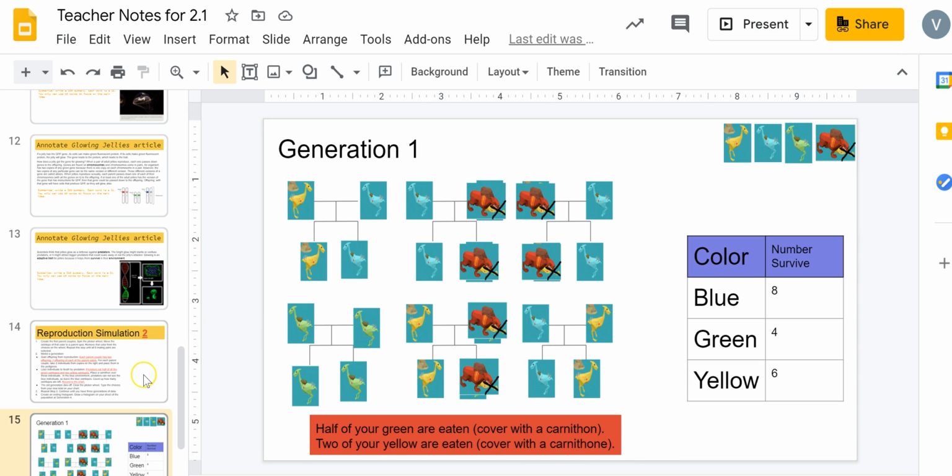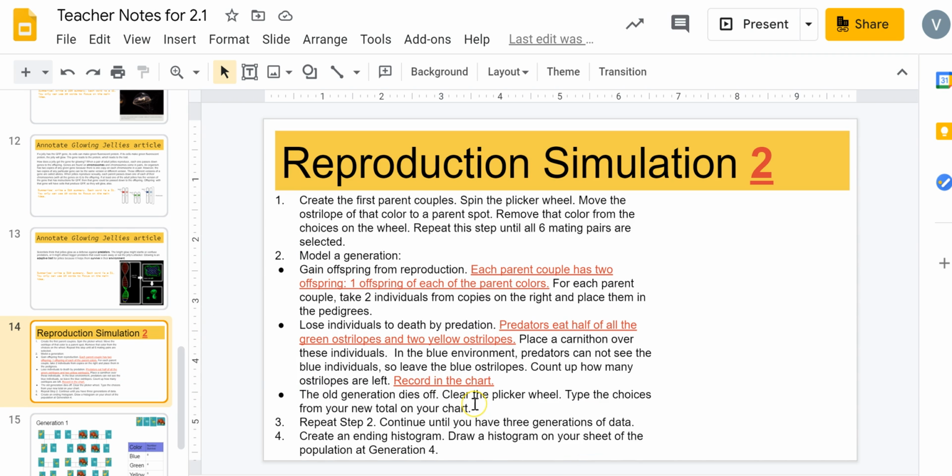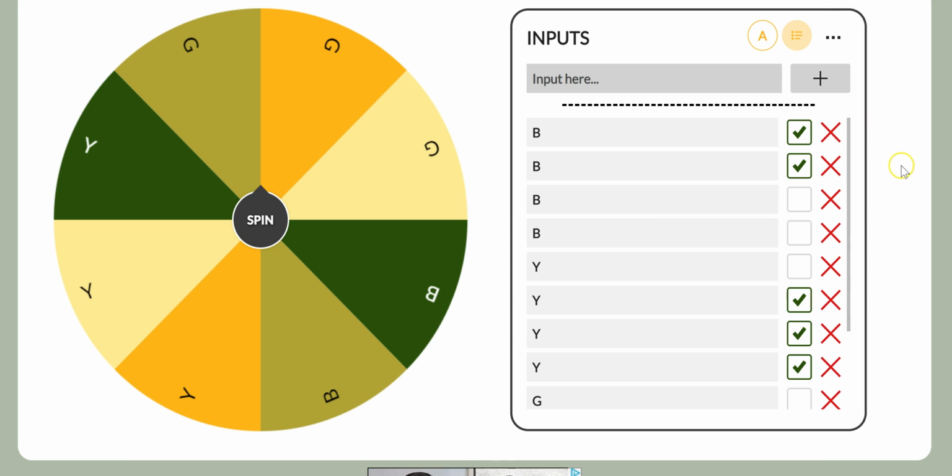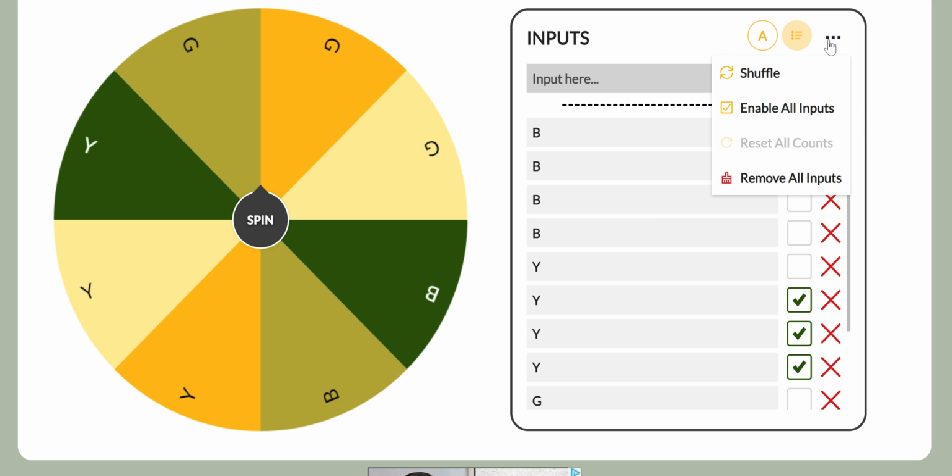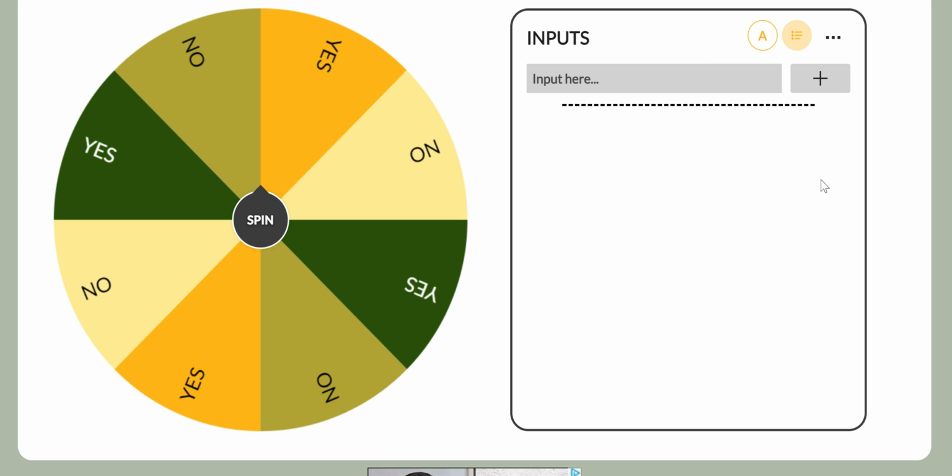So according to the directions, the next thing we do is we clear off all the old generations that are left, we clear them off. So we're going to go over to the Plicker, and where it has more, these 3 dots, we're going to remove all of our inputs. We're going to kill off everybody who is left. If you had any couples left, they're dead.